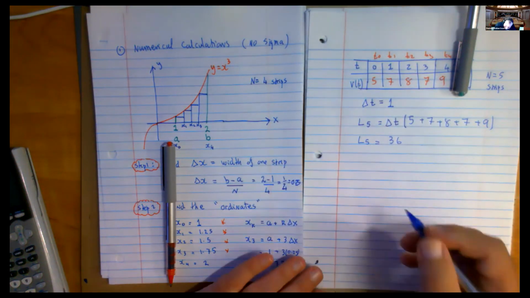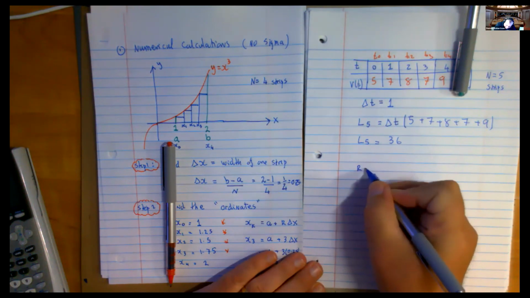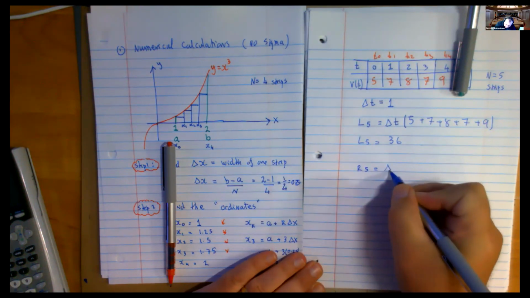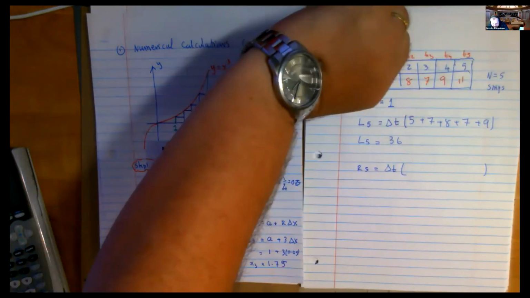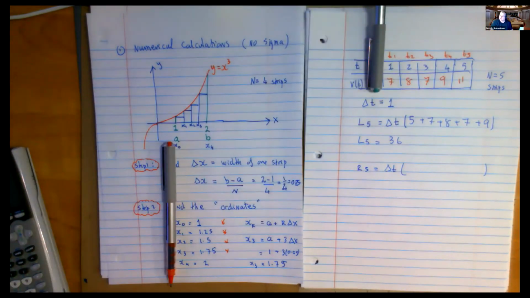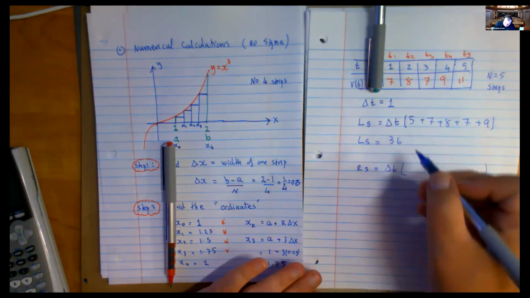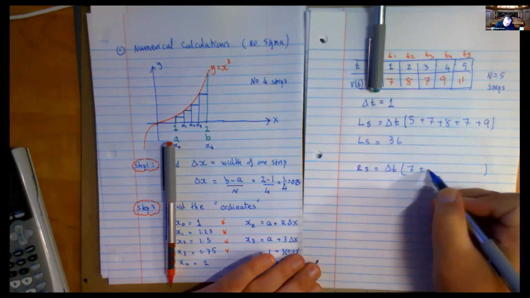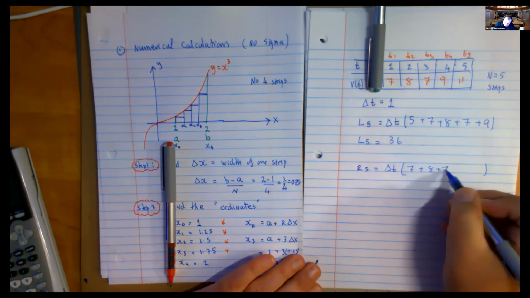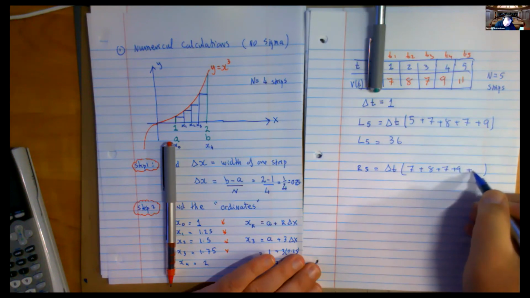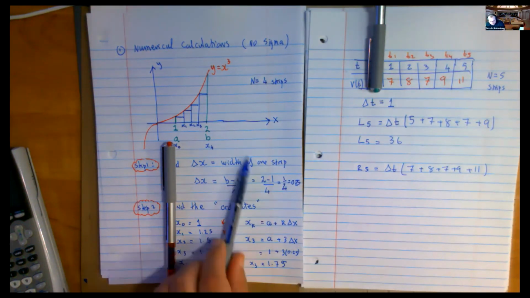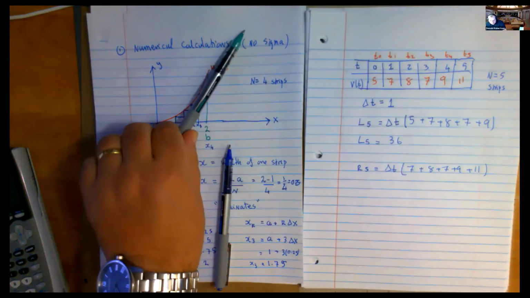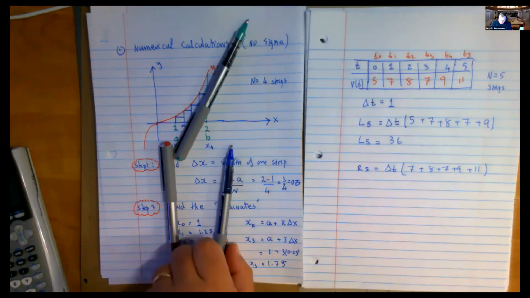Actually, I said I wouldn't, but I think I will do it. What's R5 going to be? Well, it's going to be delta t, but the right-hand side. And the numbers here are 7, 8, 7, 9, and 11. Now, those numbers are very easy to do in my head.